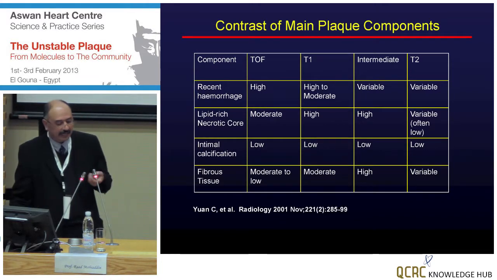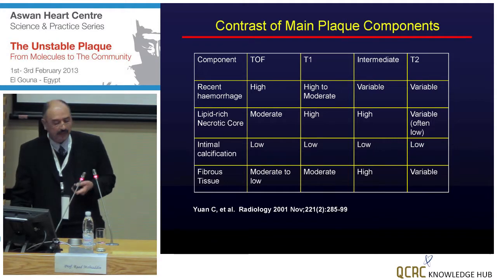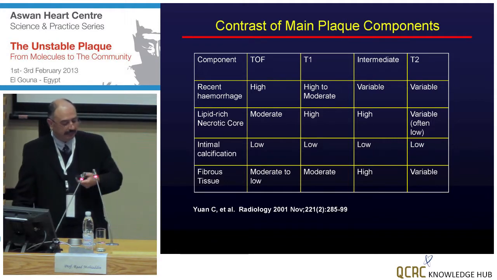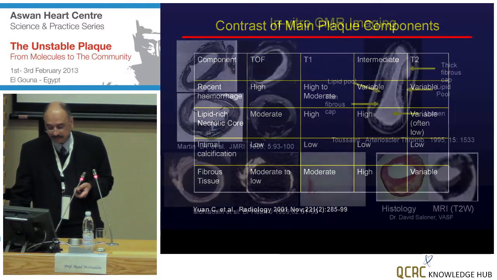Here, for example, calcium will give you low signal in all types of sequence you're going to use. The lipid content will be lower on the T2 weighted images, fibrous cap high on the T2 weighted images, and so on. So you can get a lot of information from a technique like this.